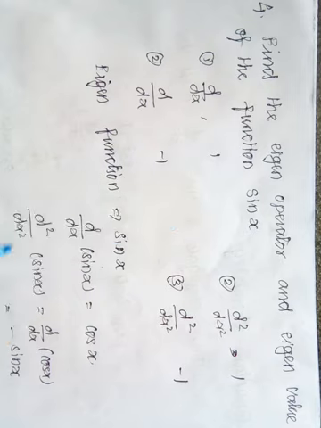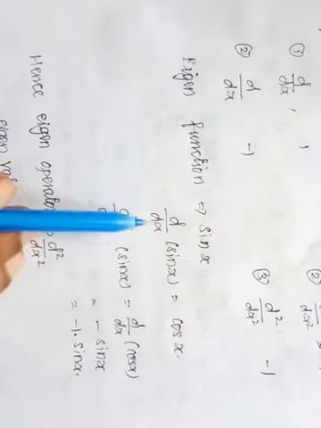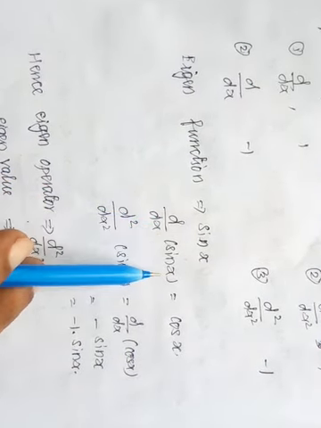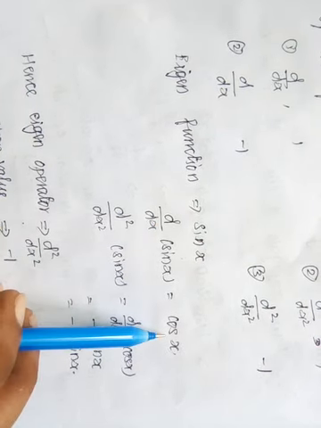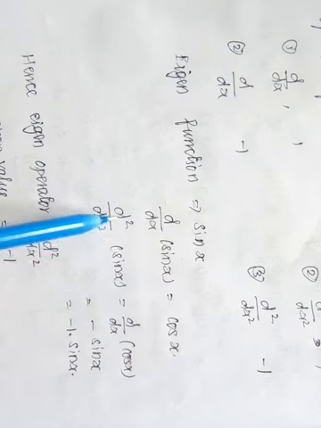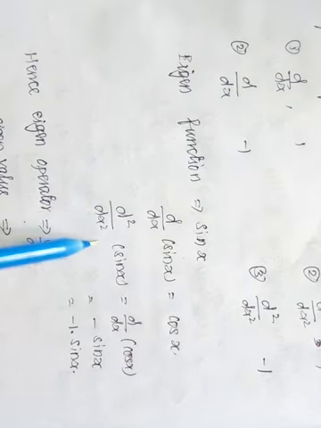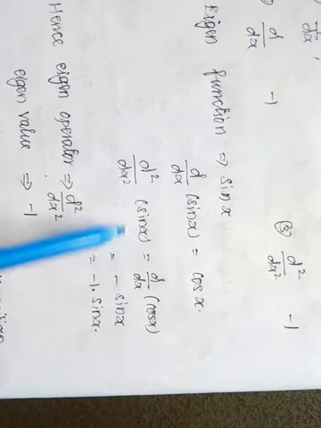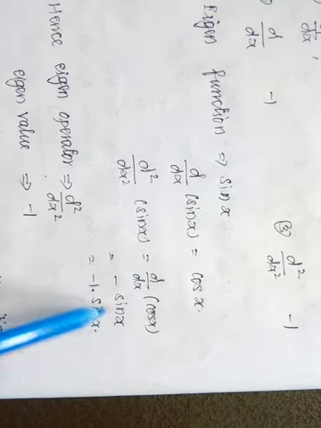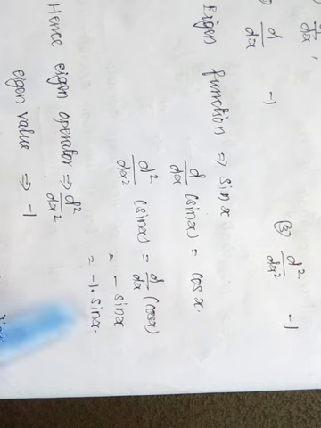So this is sin x. When you do d by dx of sin x it will become cos x. Again we are differentiating one more time, d square by dx square of sin x will become d by dx of cos x. Again we are differentiating, we will get minus sin x.